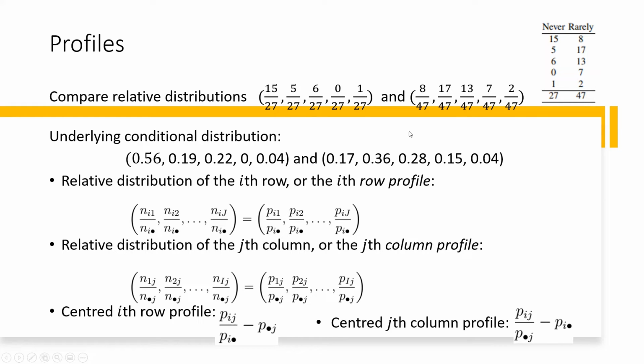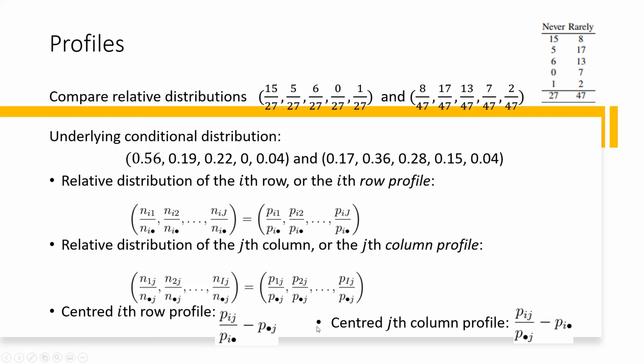We can do the same for the rarely category, and now we can easily compare and interpret the relative distributions of these categories, which appear to be quite different from each other. In general, we can do this for any row and column such that the relative distribution can be calculated.